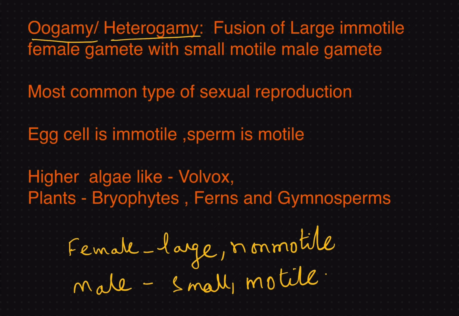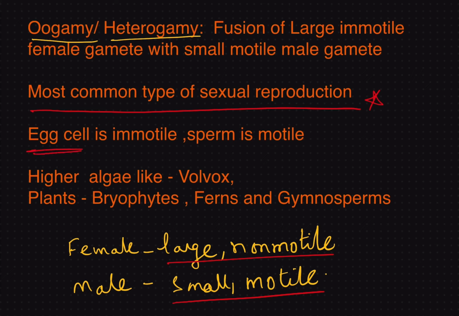Here the female is essentially large and non-motile, but the male is smaller and motile. Oogamy is the most common type of sexual reproduction observed in nature. The female gamete is usually called as the egg cell or the ovum, and the male is called as the sperm or anthrozoid. Such oogamy is seen in higher algae like Volvox and in plants like bryophytes, ferns, that is pteridophytes, and gymnosperms.